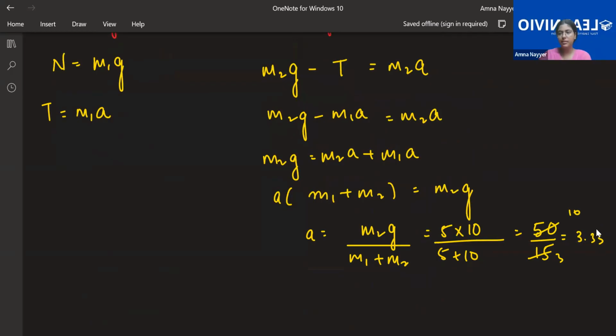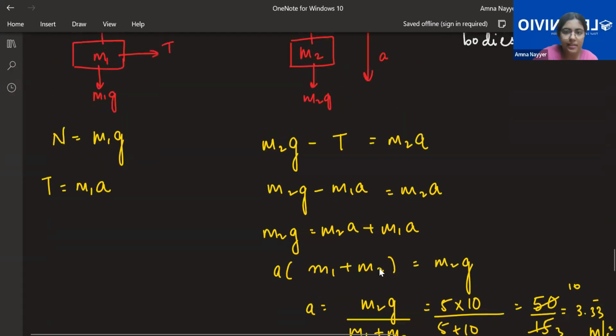That is 3.333 meters per second squared. Is this clear? Acceleration is fine. If you take 9.8, I think you will get a better answer. In this question, I don't remember whether it mentioned that or not. So the first part, acceleration, is clear?